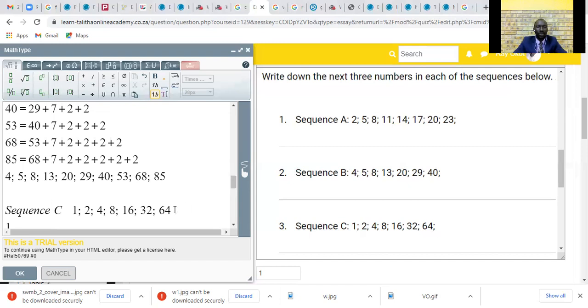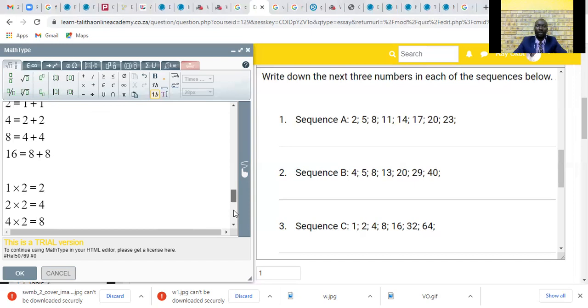So the next thing is, what would be the next 3 terms after 64? Well, we have now seen the formula. The formula is that you have to double the previous term to get the next term. You have to keep doubling the current term to get the next term.